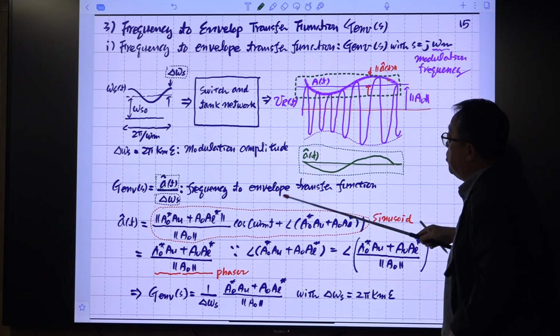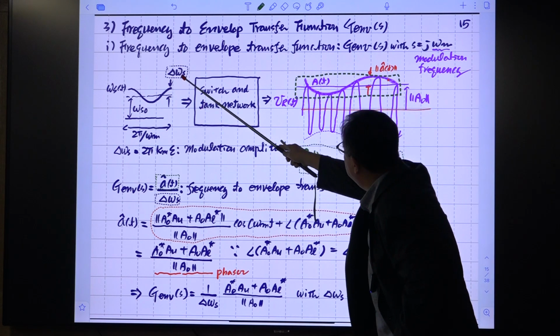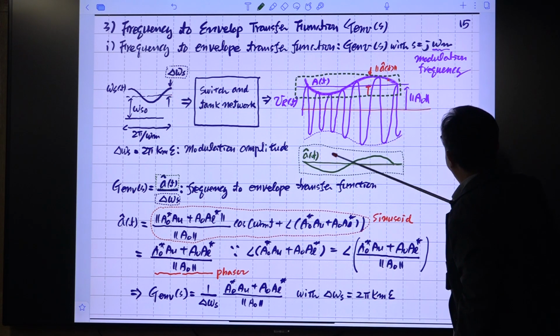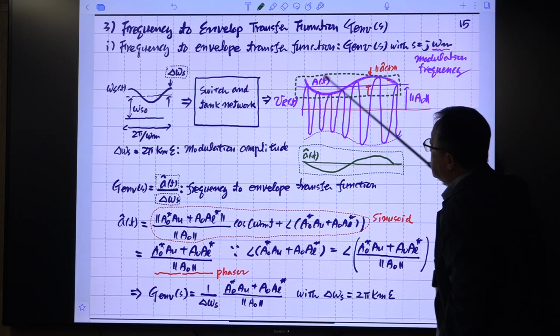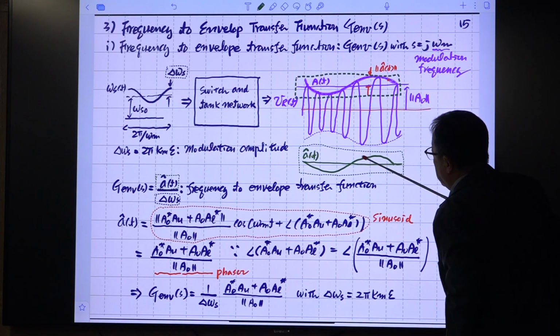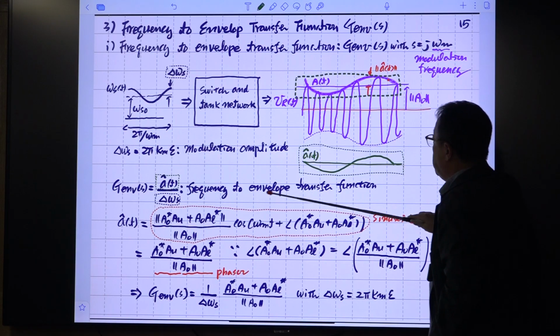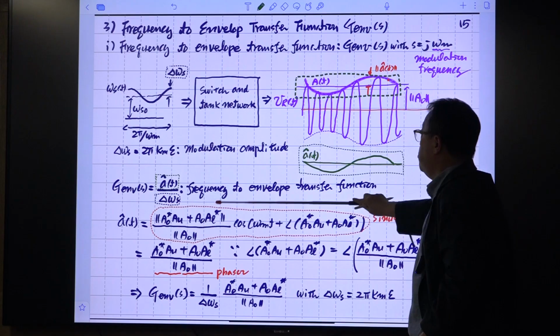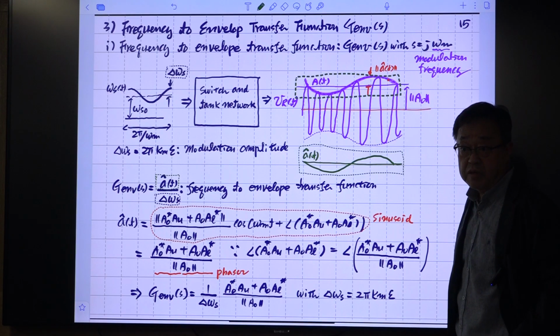So the transfer function: this is the input, and the magnitude of this one is the output, okay? No. This is the input, not the magnitude. This one. This sinusoid is the output. So we call it the frequency to envelope transfer function. Okay.